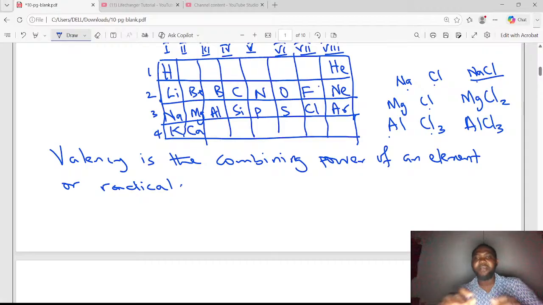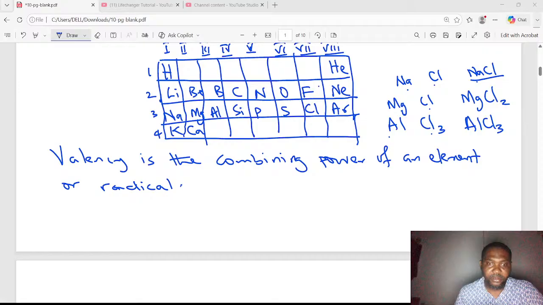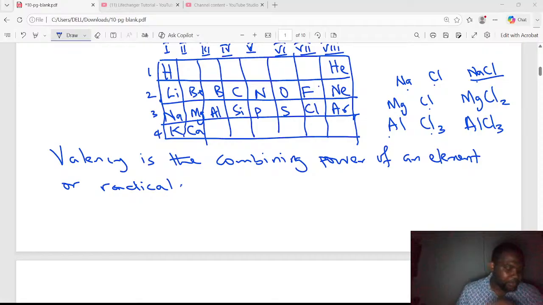So you see now that there is a problem here. Why is it that sodium can combine with only one chlorine, magnesium can combine with 2 chlorine, and aluminium can combine with 3 chlorine? The simple reason is because of valencies. Everybody's valency will determine how it can combine with the other. Okay? I hope that is making sense.